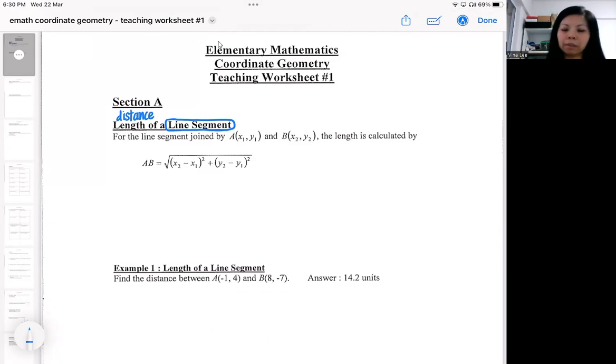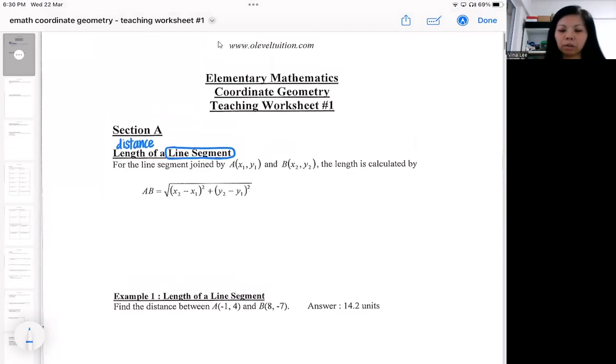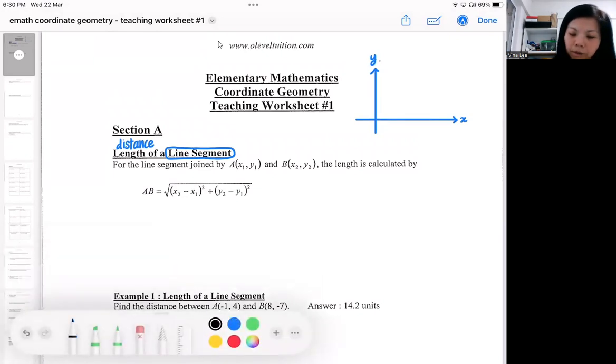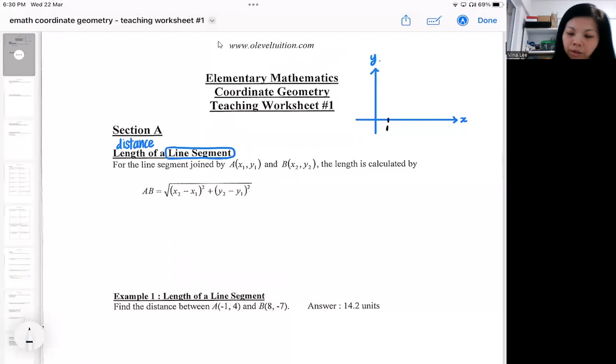Okay, so I can show you some basic examples first. I'm going to be using the X and the Y axis to show you. I can show you a horizontal line segment. For example, here, this is 1, and then 2, 3, 4, 5.